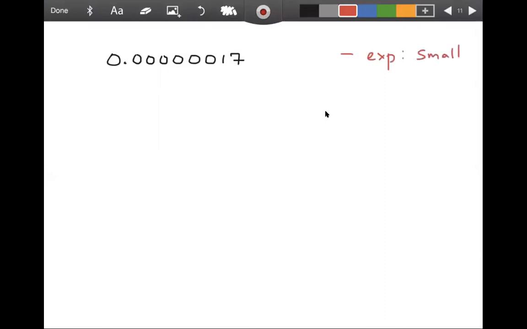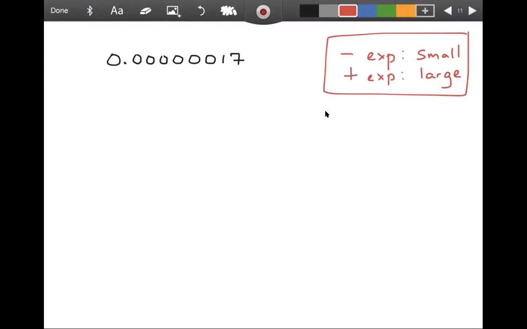Scientific notation numbers with positive exponents are large numbers, because some of the most common mistakes with scientific notation are putting a positive exponent when it should be negative, or a negative when it should be positive. But if you remember this, that should make those mistakes easy to catch.